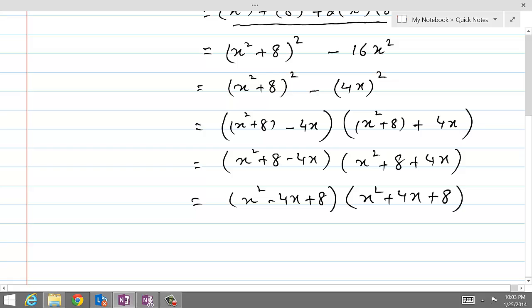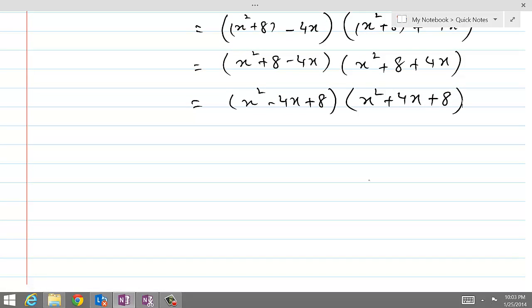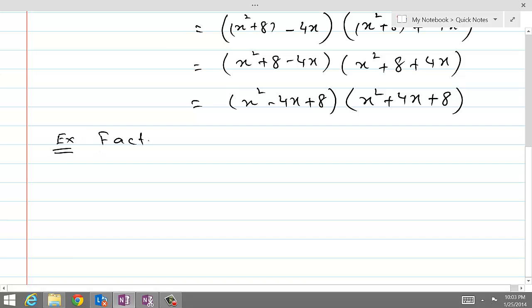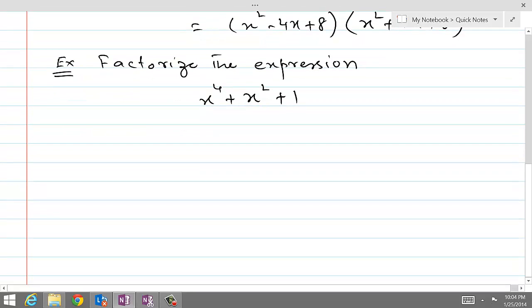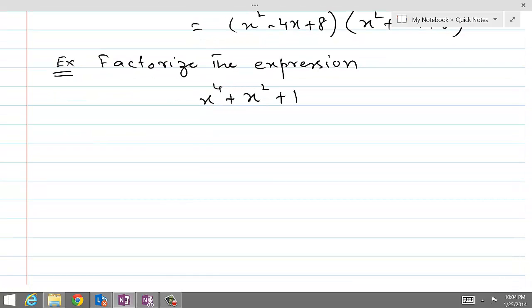Let's take a look at another question. Example: factorize the expression x⁴ + x² + 1. We do the same thing with this expression as well.